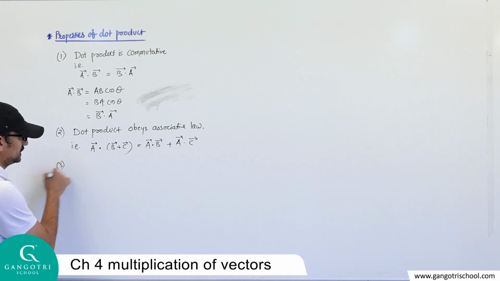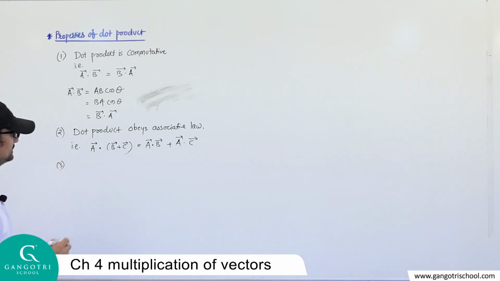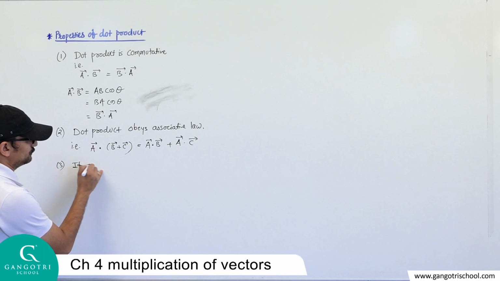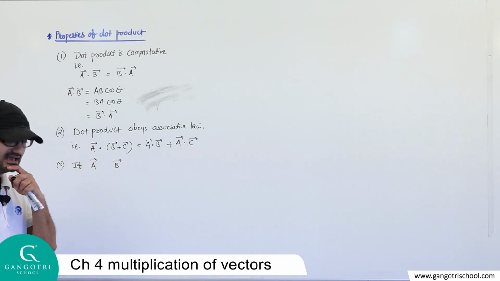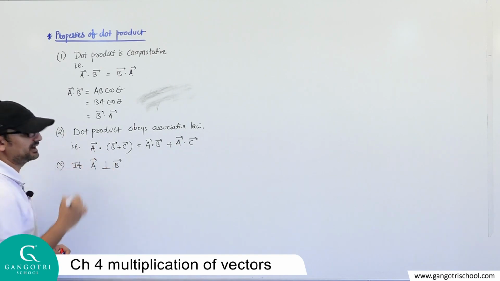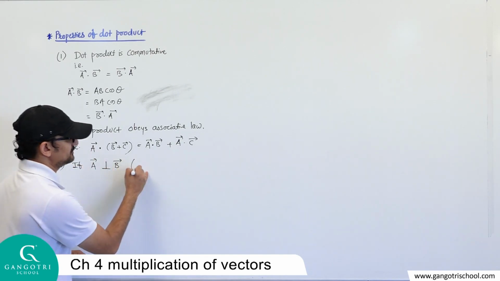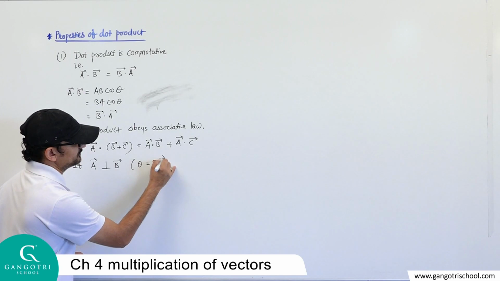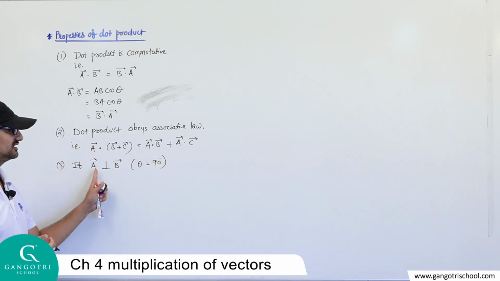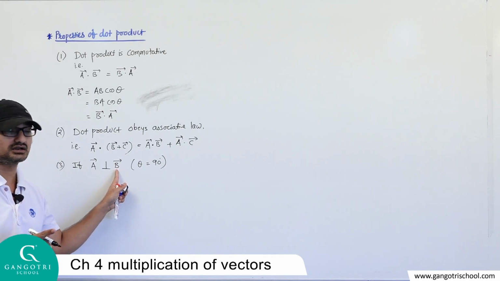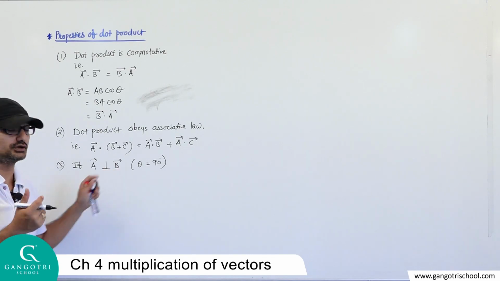Property number three, which is an important one. Suppose we have two vectors A and B, and suppose these two vectors are perpendicular. Perpendicular means the angle between them is 90 degrees. Let's check what will be their dot product.